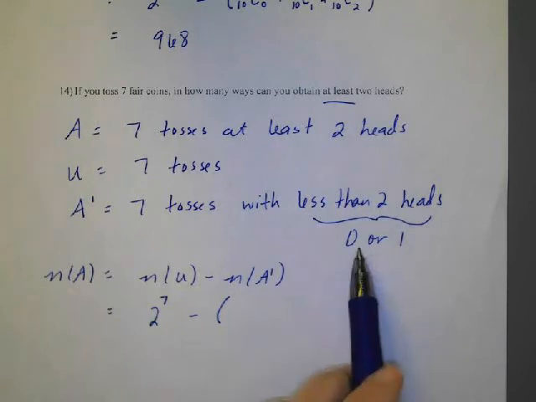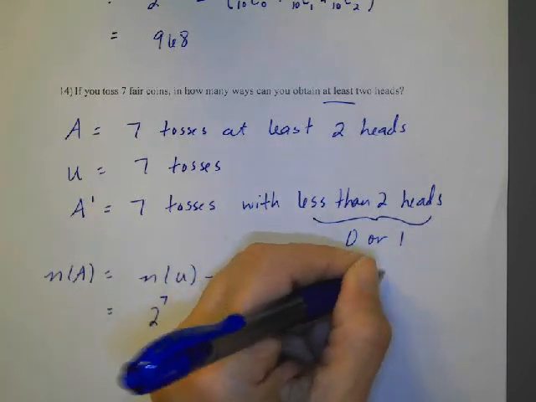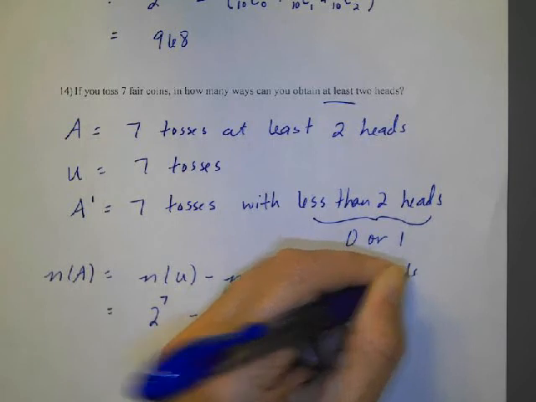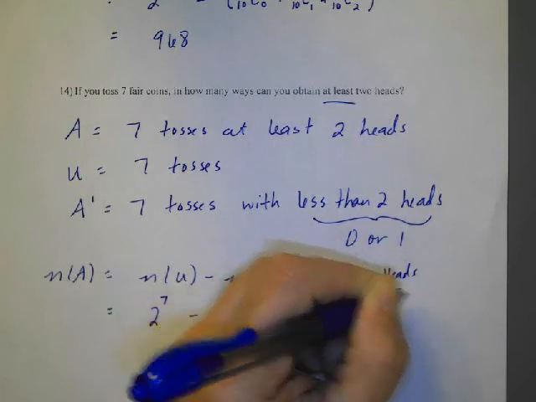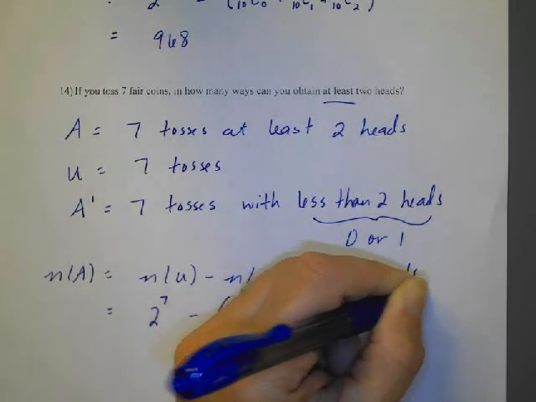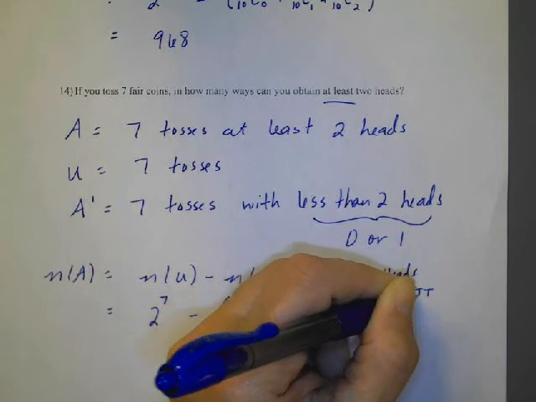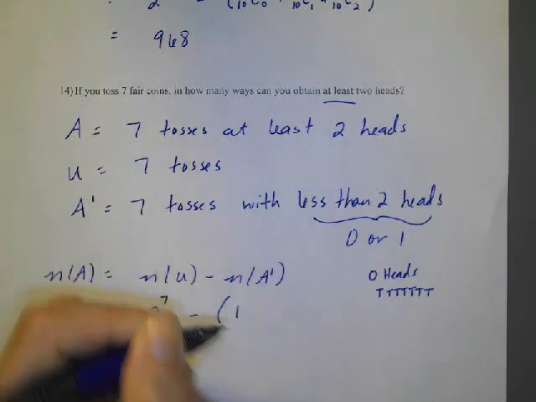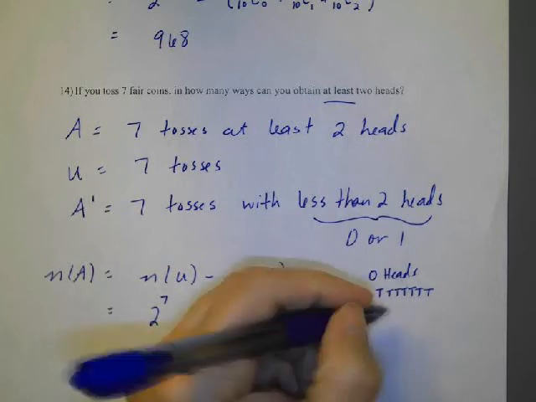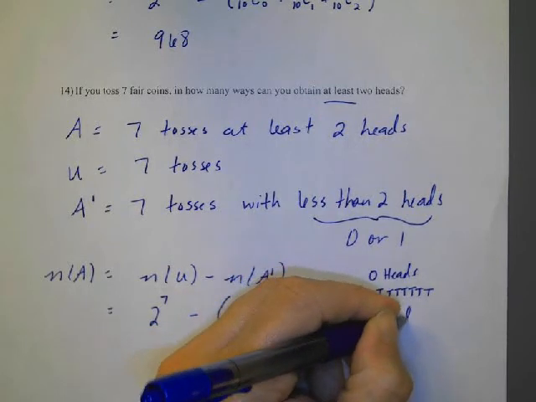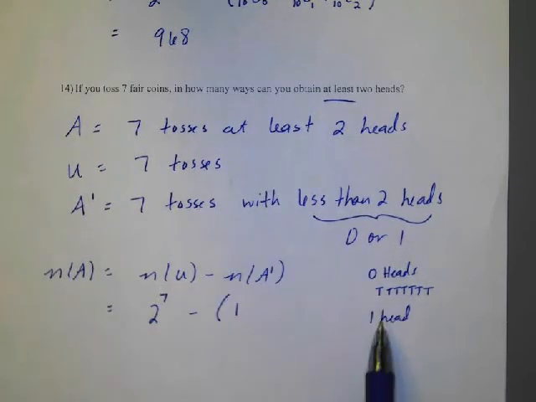Well, let's think about this. If I have no heads, doesn't that have to be tails, tails, tails, tails, tails, tails, tails? There's only one way. Right? Or if I get 1 head, can't that be heads somewhere in any of those 7 positions?